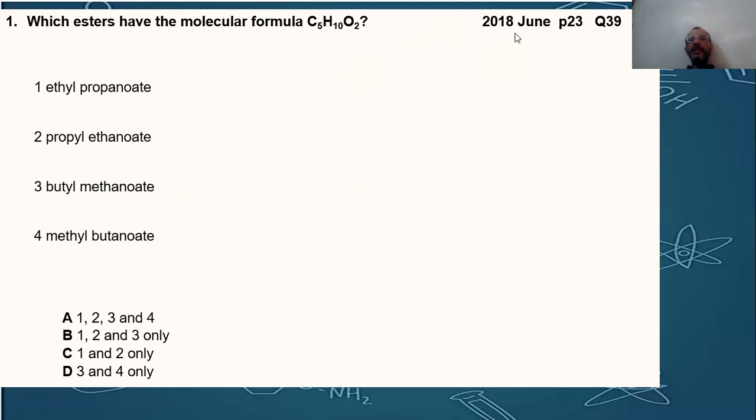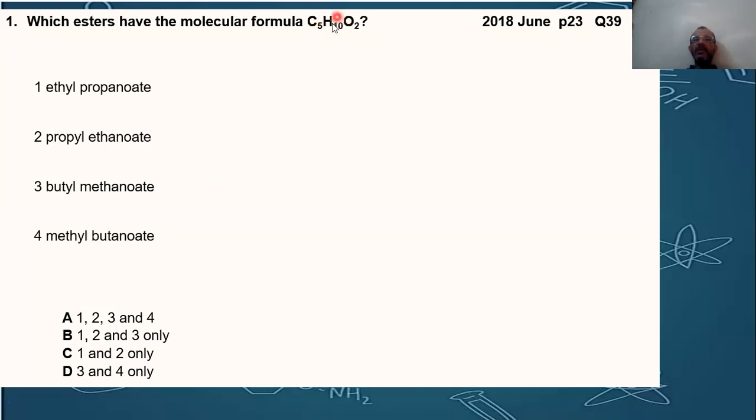I think right here, it's June 2018, paper 3, question number 39. Which esters have the molecular formula C5H10O2? As I told you before, 2 oxygen atoms means ester.